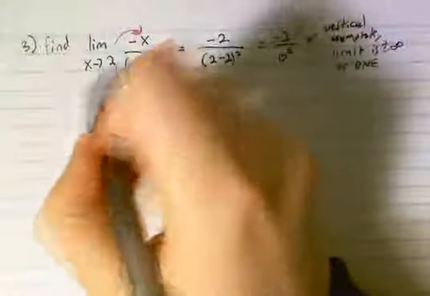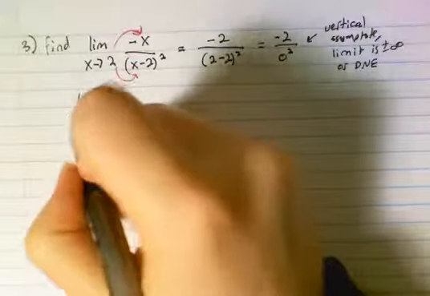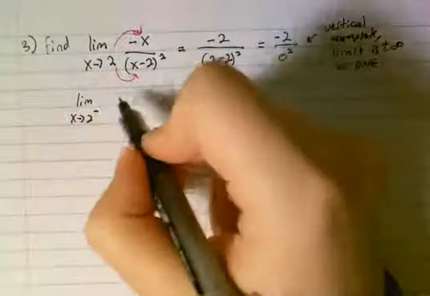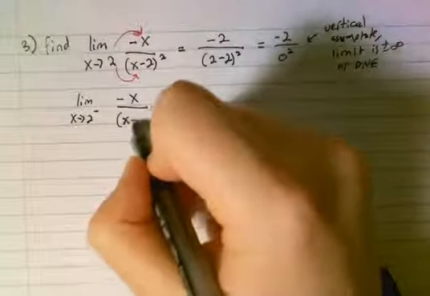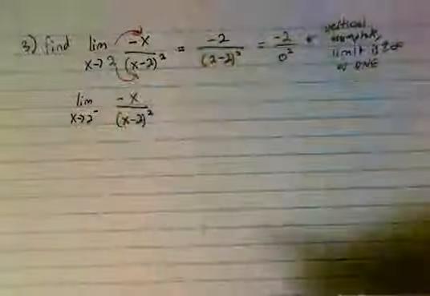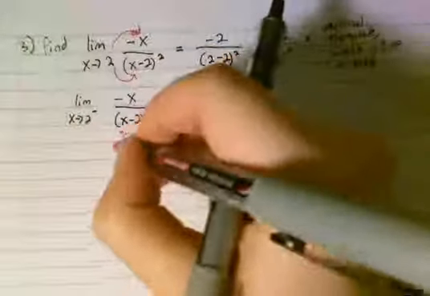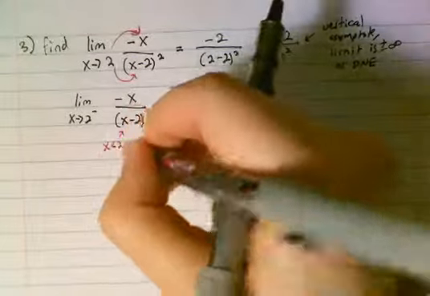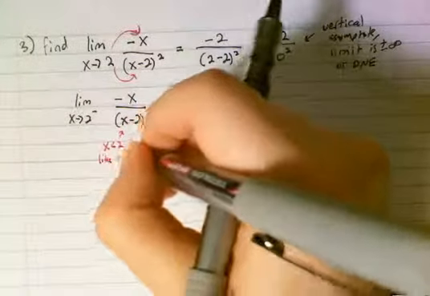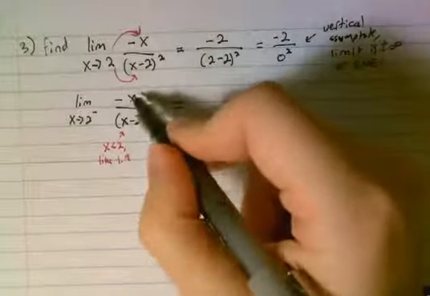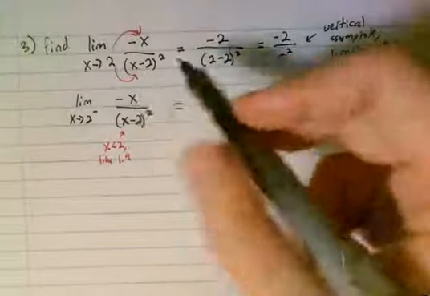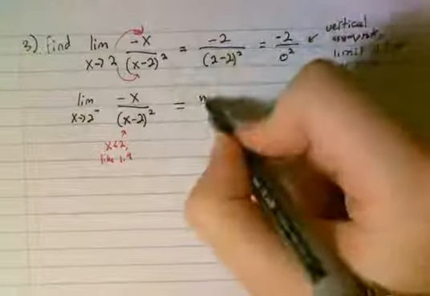So, to figure out the overall limit, we do the limit as x approaches 2 from the left. We're approaching from the left, so that means that x is slightly less than 2, such as 1.9. And when we do that, we put the 1.9 in for both of the x's. Negative 1.9 is going to be a negative.